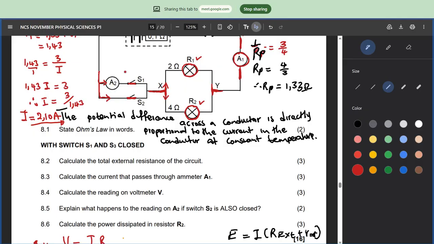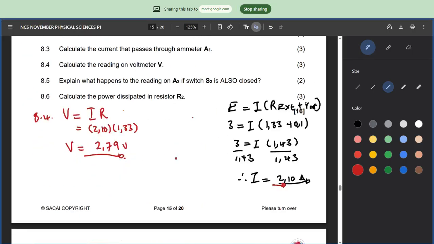So can you see that this will reduce the current that will pass on A2? Closing this part means other current will flow this side. So this has two paths where the current can flow. If we close this one, other current will move from A2 to that other side. Then that's when they will meet at that point again. So this tells you that closing the switch has to reduce the current on A2. So this will decrease.